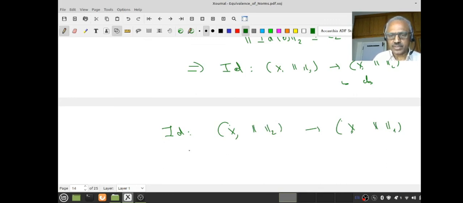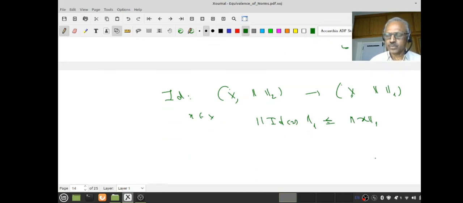So start with any x in X, then the identity of x with respect to the first norm is what I have to look at, but that is the same as the first norm of x. Now what do I know about the first norm of x? I know that a times the first norm of x is less than or equal to the second norm of x, that is, the first norm of x is less than or equal to 1 by a times the second norm of x.